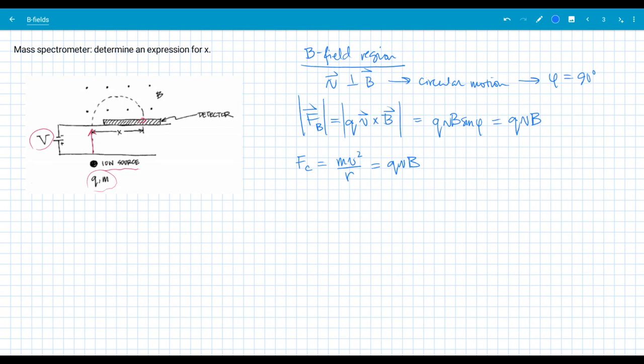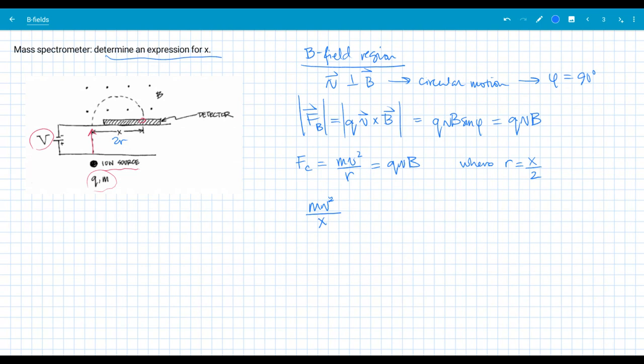So the relationship between r and x, if I look at x in my diagram, that would be equal to 2r, right? So here I can say where r is equal to x over 2. So r is actually half of x. So let's go ahead and put that in terms of x, because we're being asked to determine some expression for x. So I'll have here mv squared over x over 2.